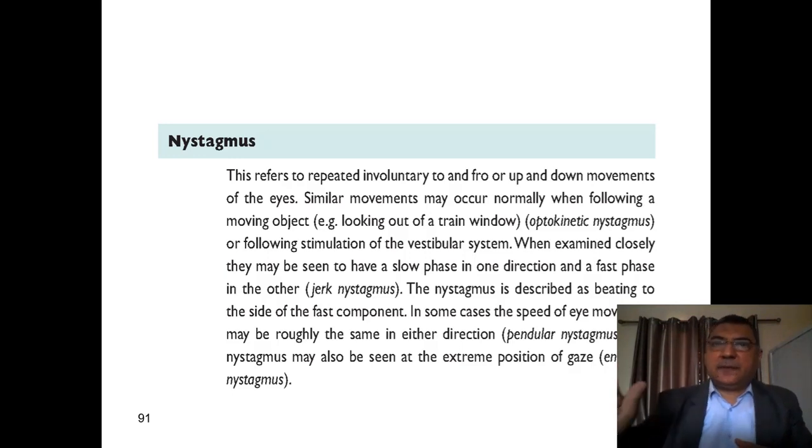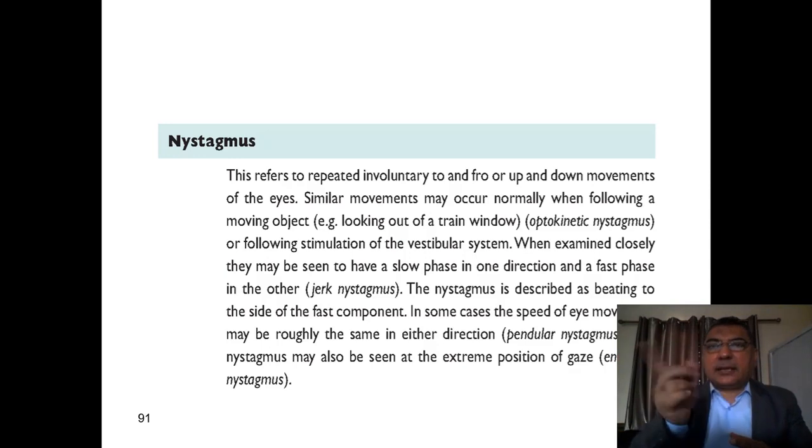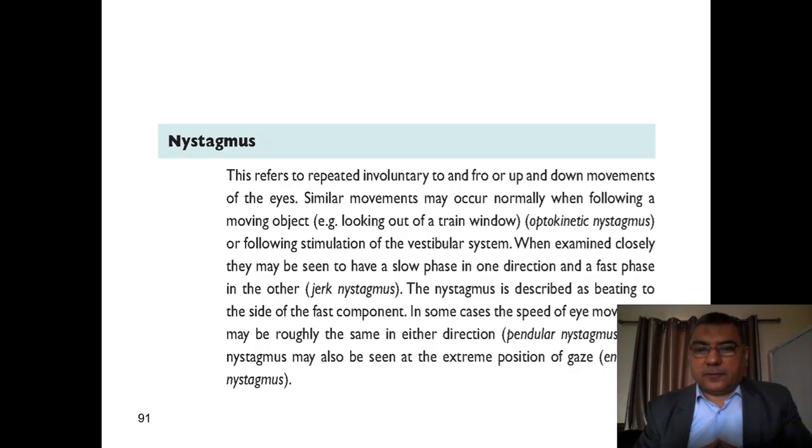So he is fixing and refixing different targets. This will bring a saccadic and pursuit and saccadic movement of the globe that is continuous so long as he is fixing outside the moving bus. And this is called optokinetic nystagmus. It is a physiologic type of movement.